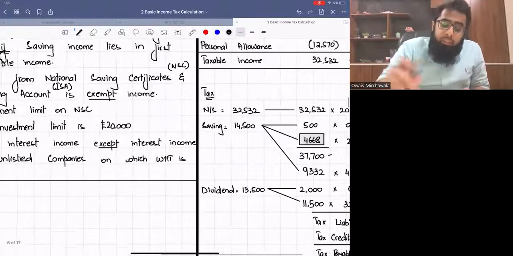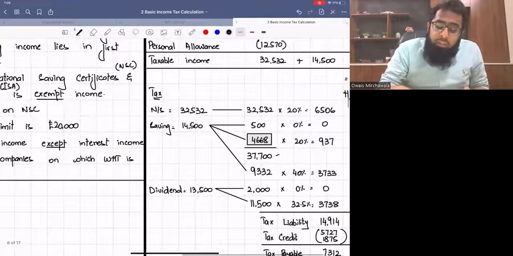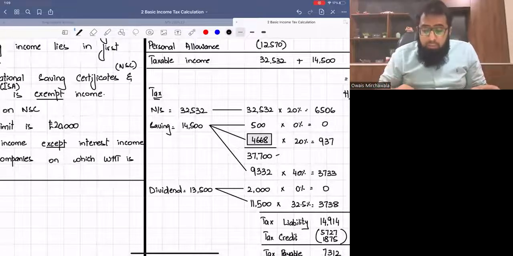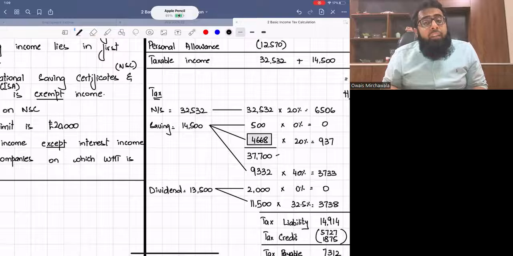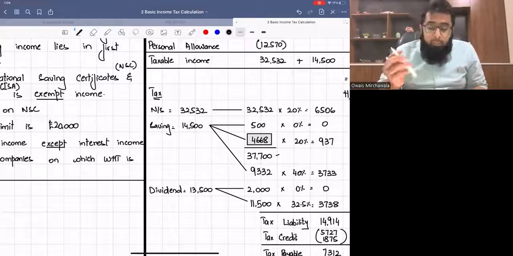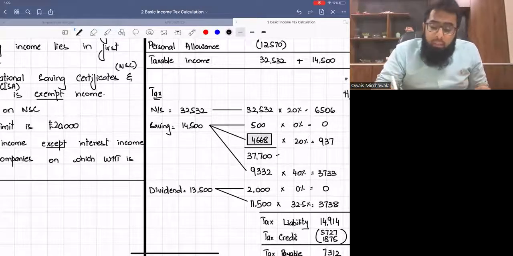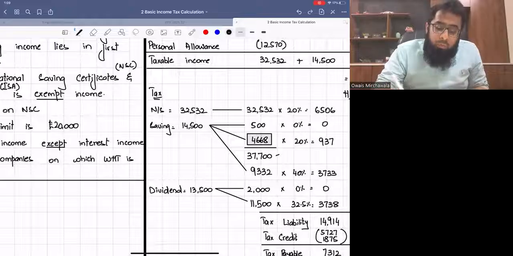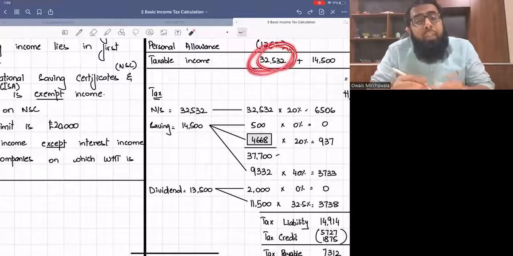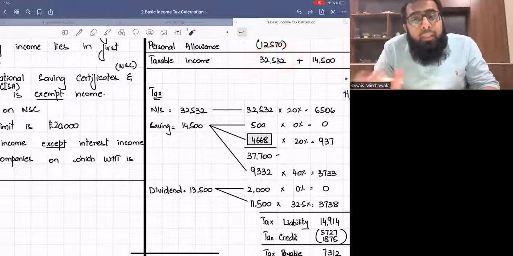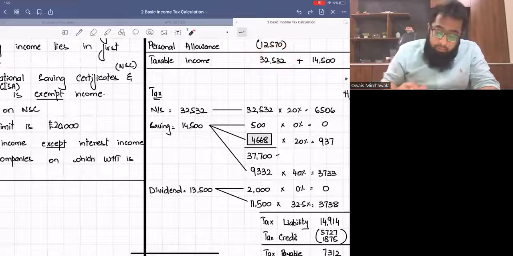See, in this question, your non-saving was 32,532. Since your non-saving was 32,532, the saving income got no space in the first 5,000.